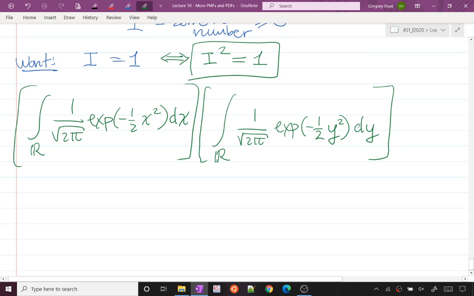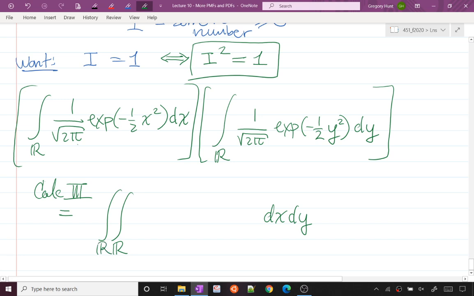But now I have the multiplication of two integrals. And Calc 3 says, let's justify this step with the notation of Calc 3. Calc 3 says I can actually write this as an iterated integral, the integral with respect to dx and then dy.